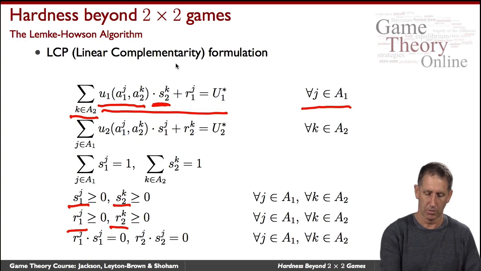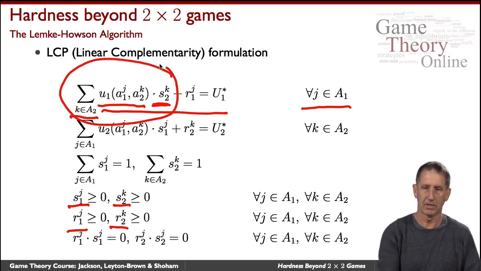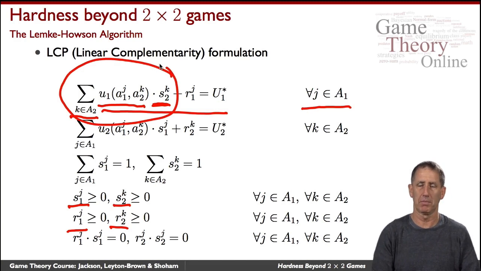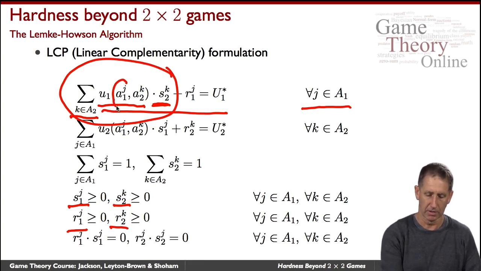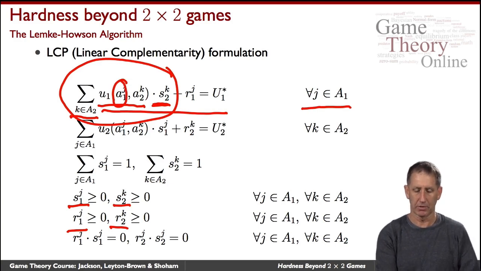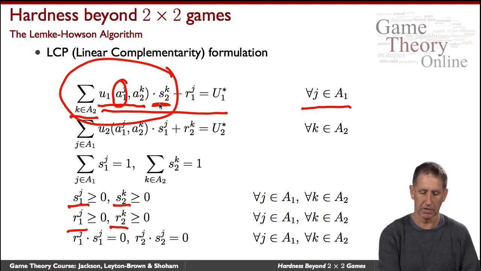And so if we look at this sum as a whole, this is the expected payoff for player 1 when playing strategy J, given that player 2 is playing a certain mixed strategy S2.